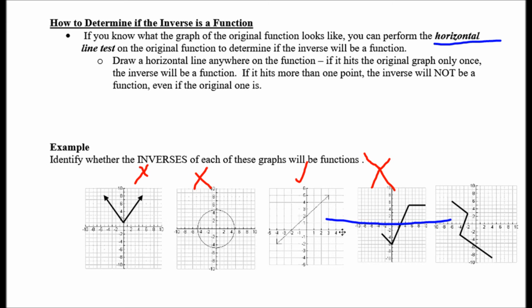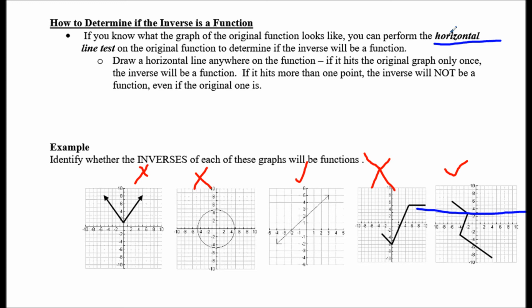Lastly, number 5, the original was not a function, but look at this. His inverse would be a function. Isn't that cool? So it's simply called the horizontal line test. A horizontal line test is going to tell you if the inverse is a function.